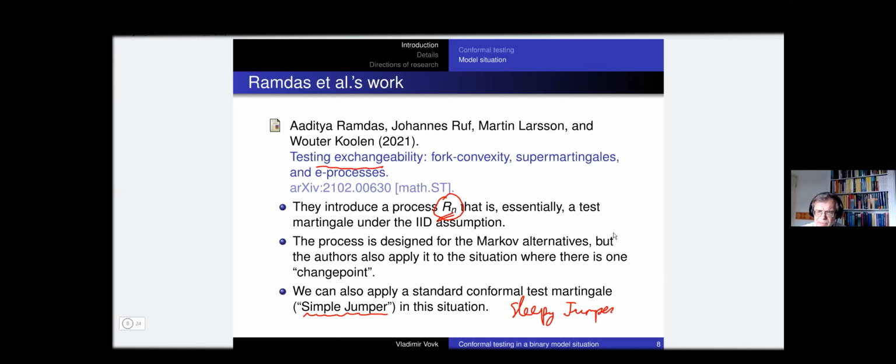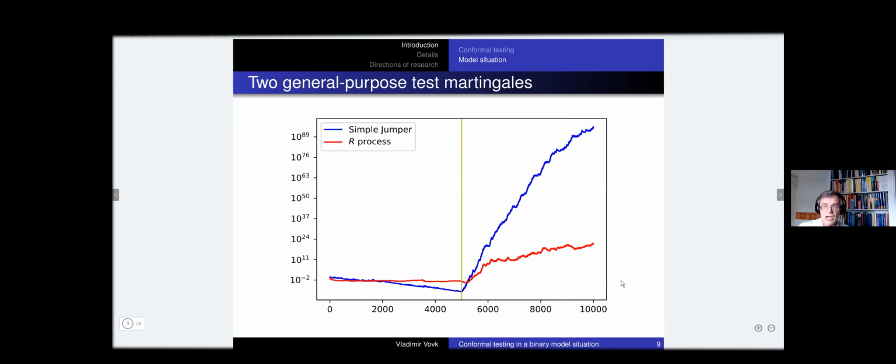But this element of sleeping is not needed, and you can improve results. So in recent papers, we showed that you can improve the results in our book by discarding this element, simplifying our test martingale. So we just applied the standard test martingale we used in previous papers.